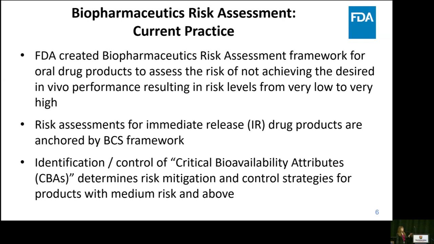And also identification and control of those so-called CBAs tends to be very difficult, really to identify them quantitatively and qualitatively.